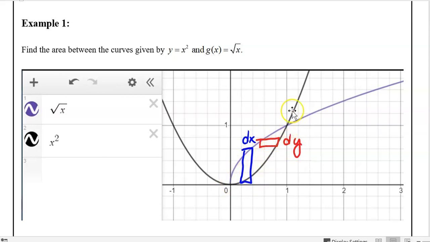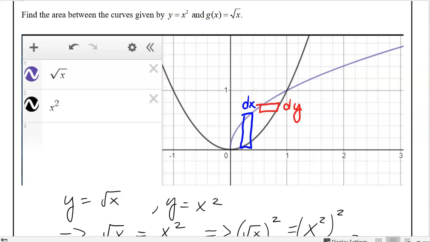In this case, it is always the parabola that is to the right and the square root function that is to the left. Take a few minutes and pause the video, set up the integrals, and then restart the video to see if your integrals match mine.